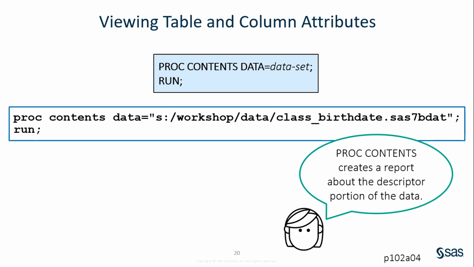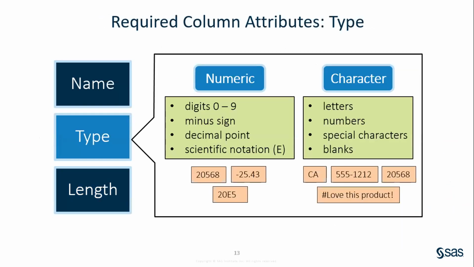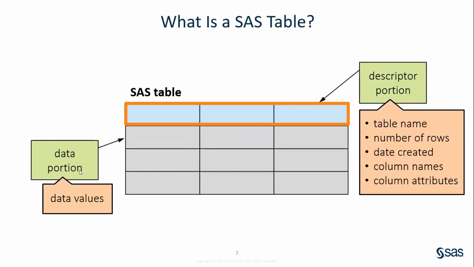So we had also seen that the table in the SAS environment, or what we call a SAS data set, consists of two portions, right? One can view the two portions of a data set: the descriptive portion and the data portion. So what is a descriptive portion? It just describes the table.